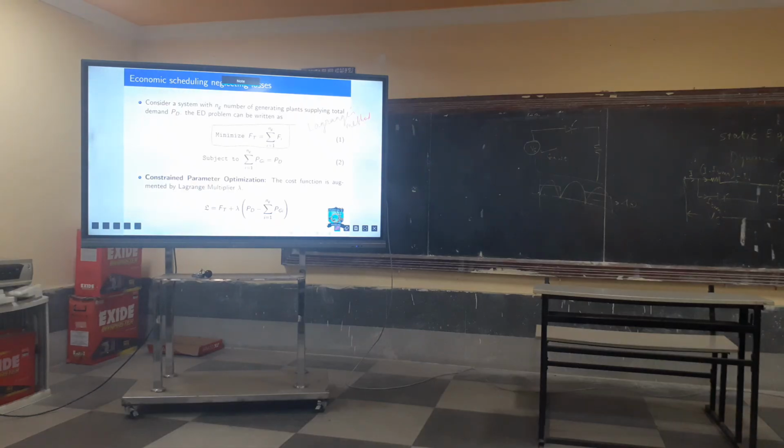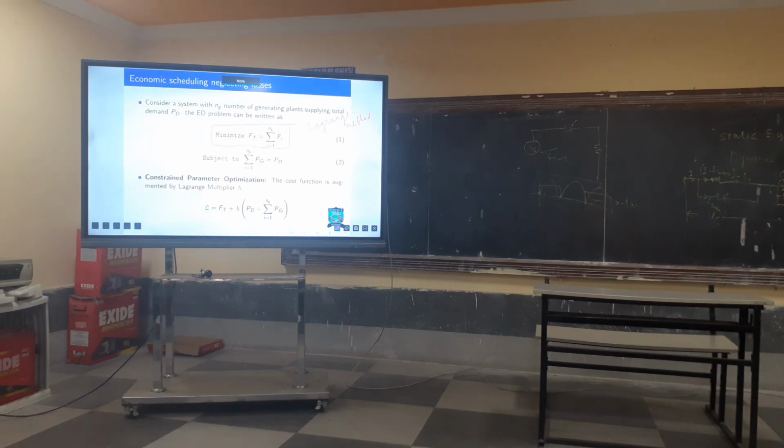So what is the total fuel cost? The sum of the cost of individual generators. Right? Objective function. Write the objective function: minimize total fuel cost, which is the summation of all the fuel costs, subject to the power balance constraint.